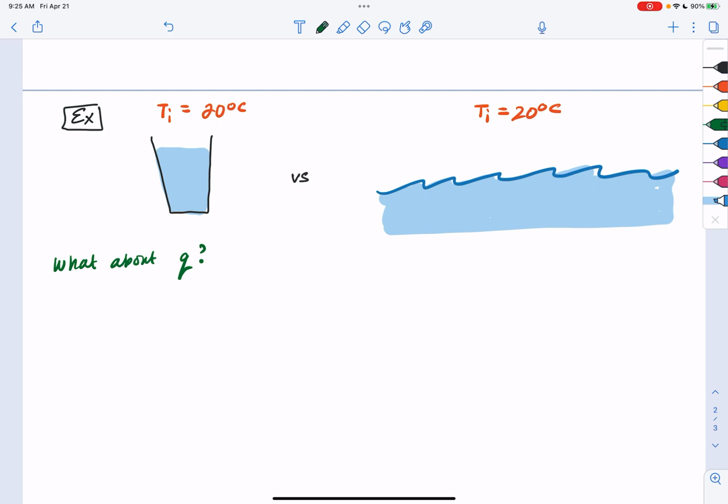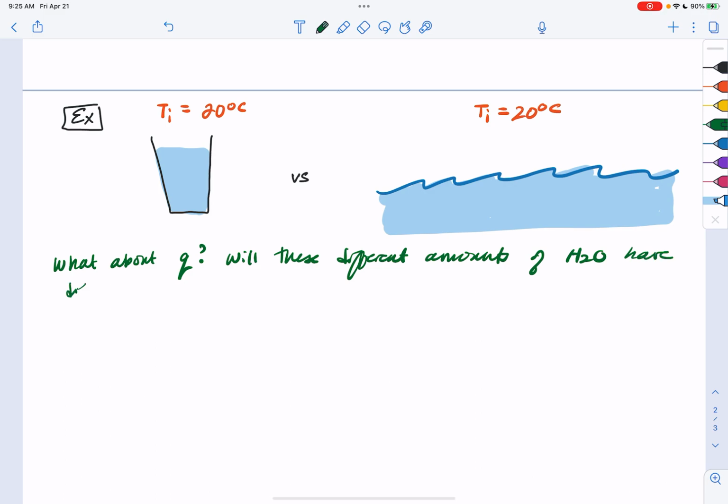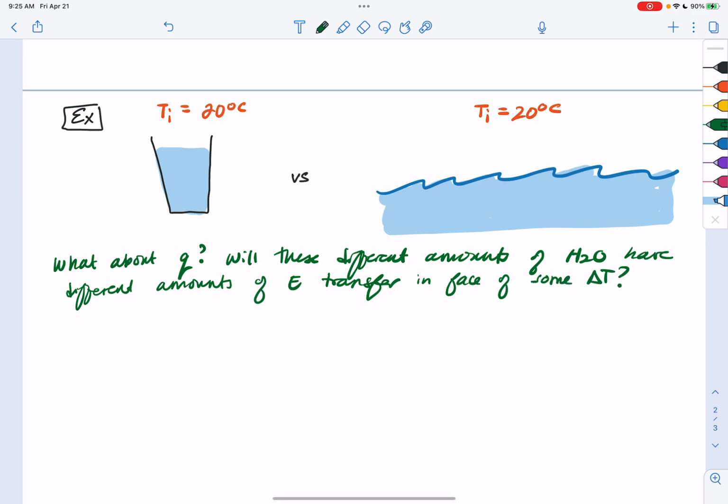Meaning, will these different amounts of water have different amounts of energy transfer, specifically thermal energy transfer, in the face of some temperature change.